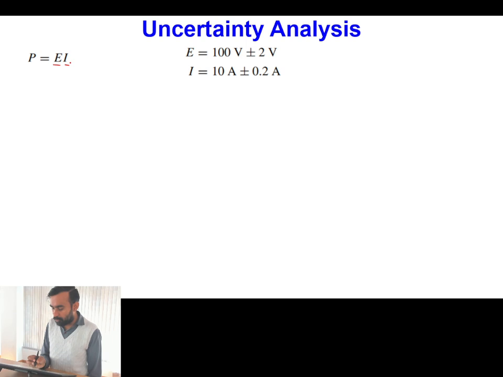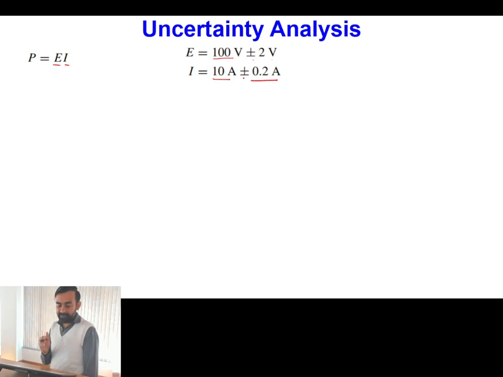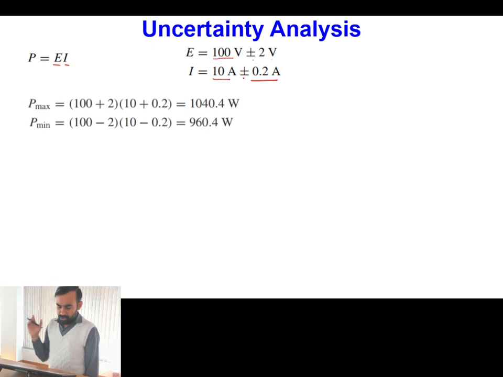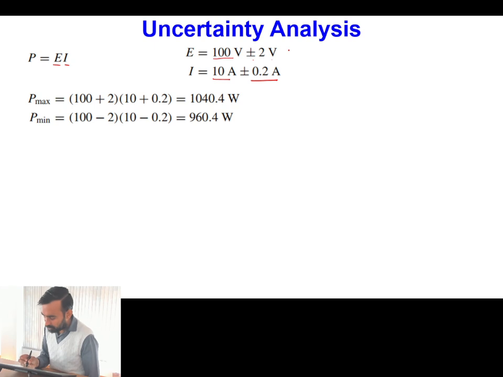We are using a voltmeter whose measurement is in the range of 100 volts plus minus 2 volts, so there is an uncertainty of 2 volts in the voltage measurement, and the current rating says 10 amperes plus minus 0.2 ampere. If these are the uncertainties associated with voltage and current, what will be the uncertainty in the power?